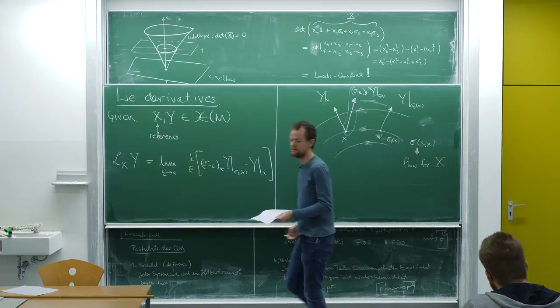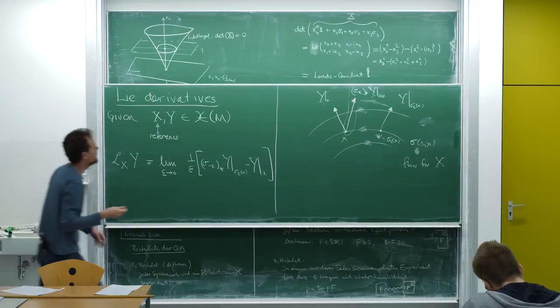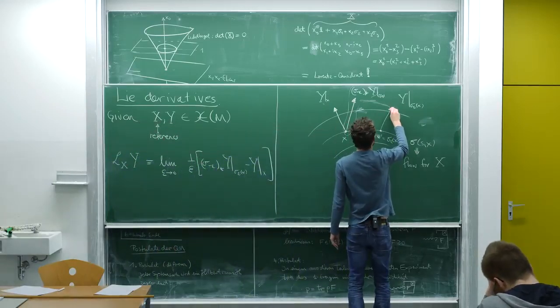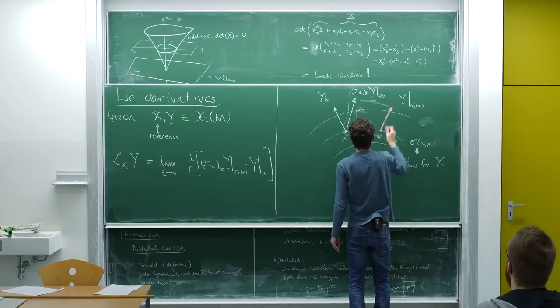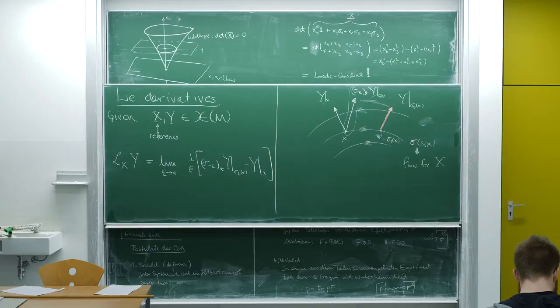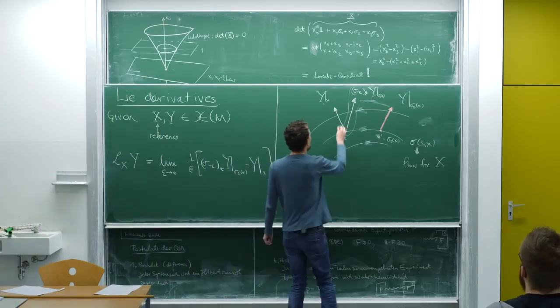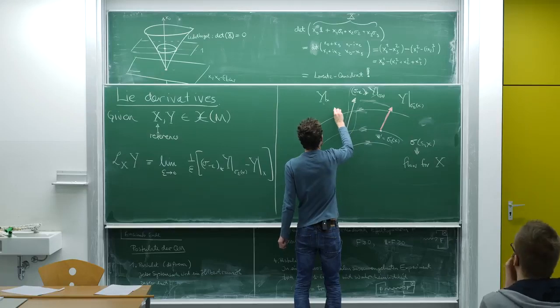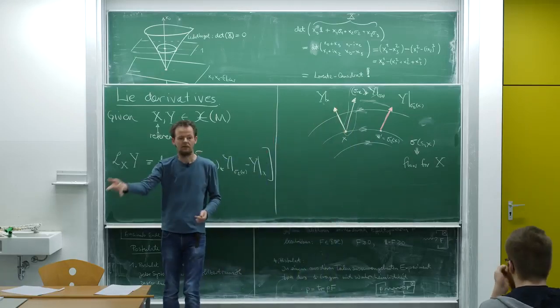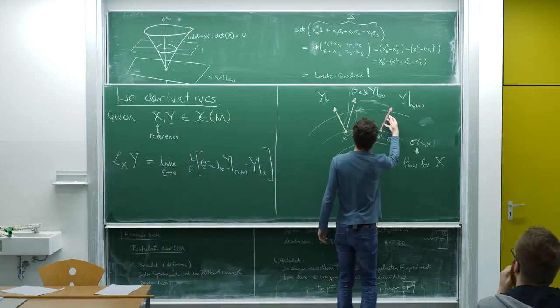Now, maybe I'll render this in some different colors. The red vector is Y at this other location. And over here the yellow vector is our original Y, and then we not parallel transport, we push forward the red vector here to x.